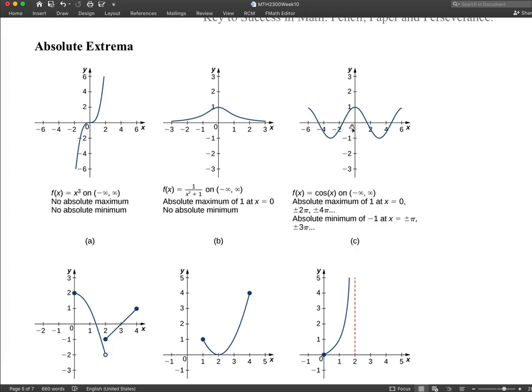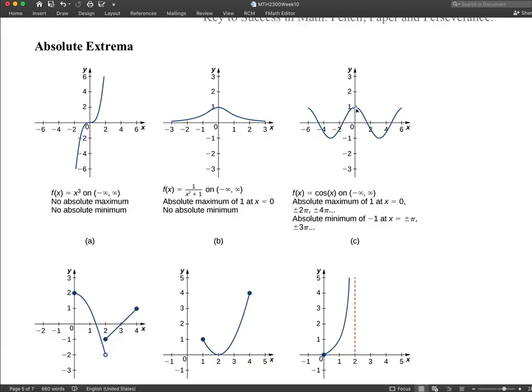And the next graph, I hope you're very familiar with this graph. This is the wave, right? The graph of cosine x. If you think very carefully, there are multiple places where the function has the absolute maximum, right here or there, and it can be extended anywhere to the right or to the left.